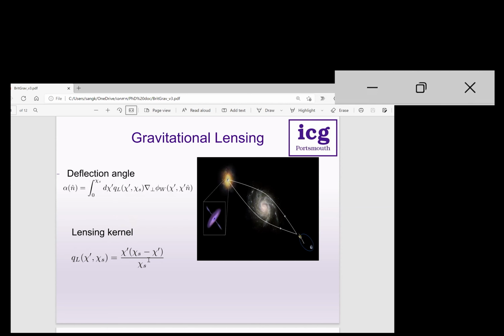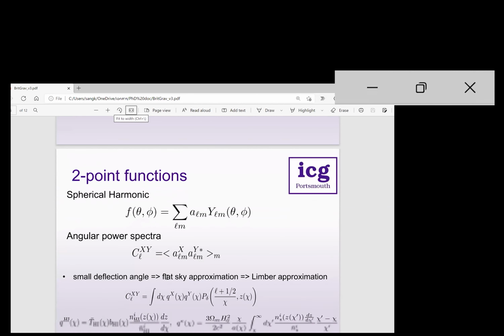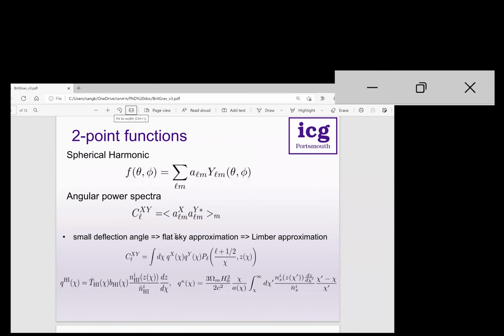When we measure the two-point correlation function, we can also measure the angular power spectra, which is the amplitude squared of the spherical harmonic mode.